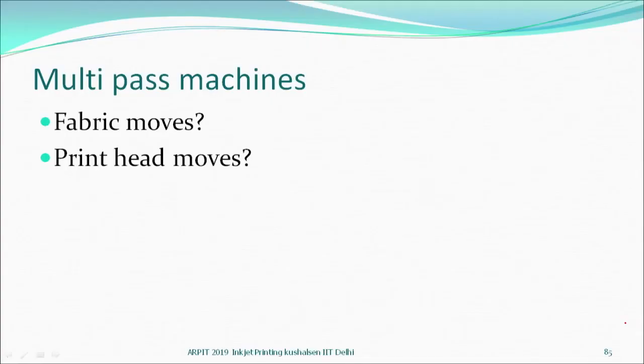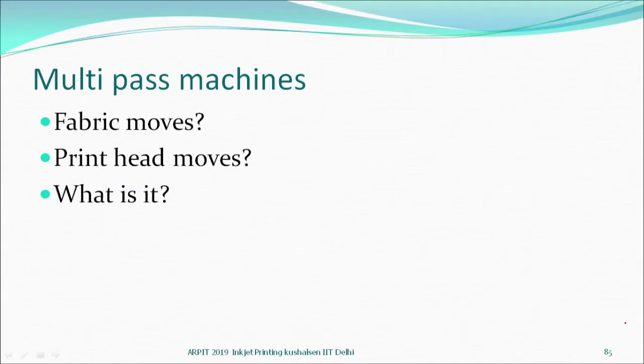Both these things are moving, and for this reason this is called multipass. It keeps on traveling, and the fabric may not have moved till all the colors or the dots in that area were generated. So, multiple times the head is passing over the same area of the fabric, therefore it is called multipass.